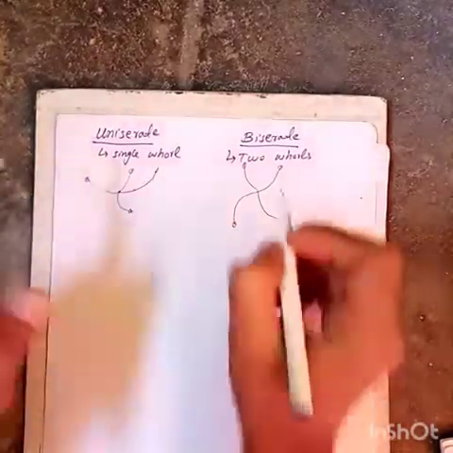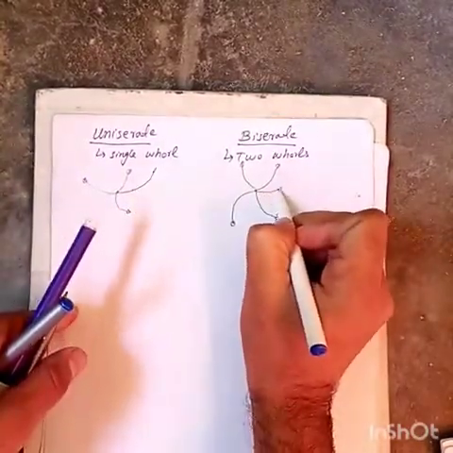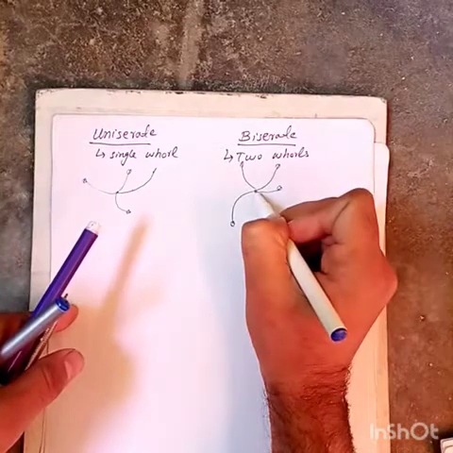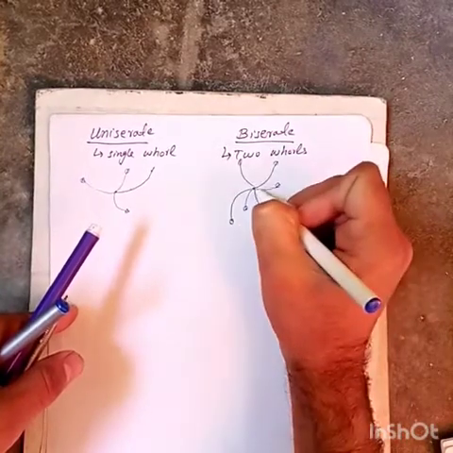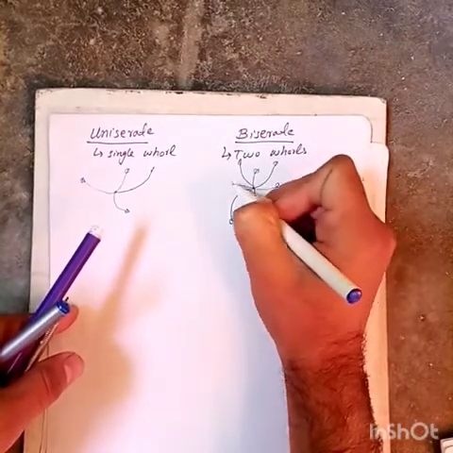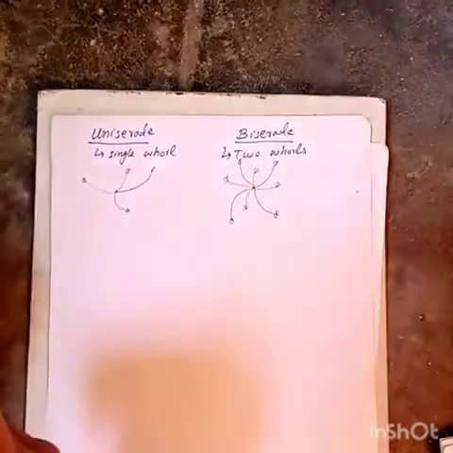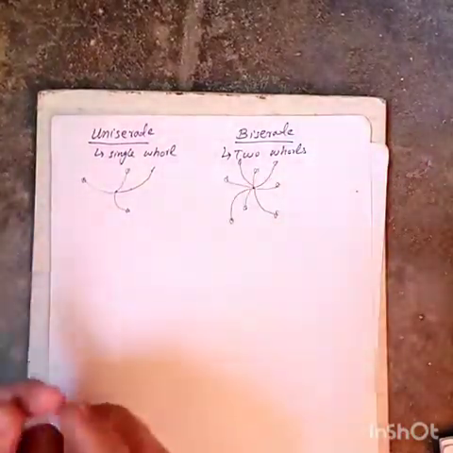This is the second whorl, relatively shorter anthers. So they are biseriate.